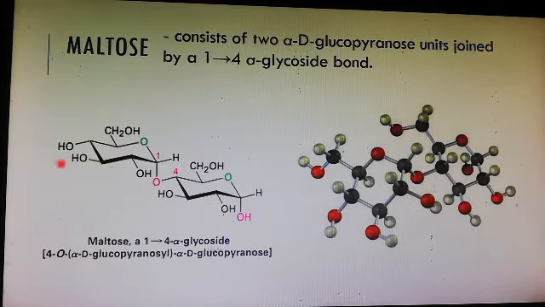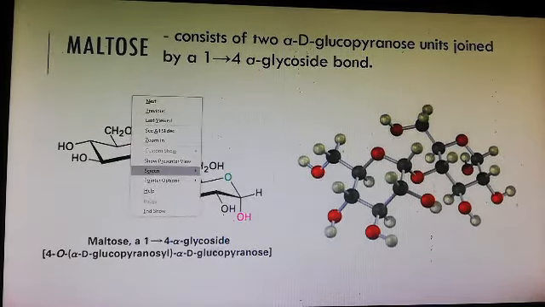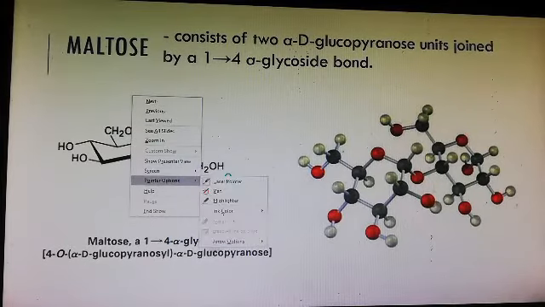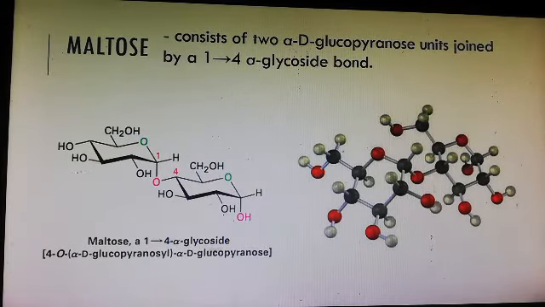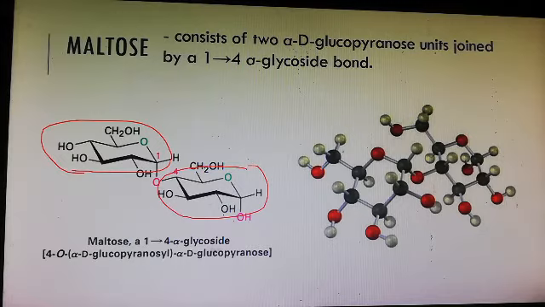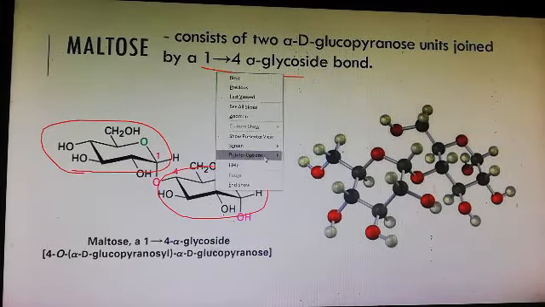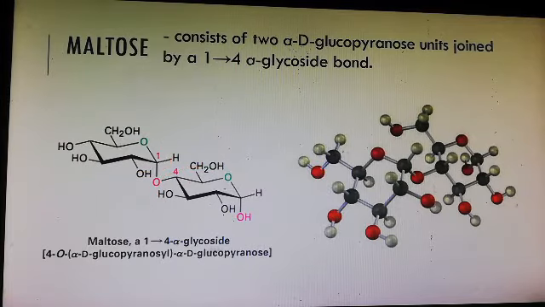Ito yung ating alpha. Ayan. So, ito yung ating alpha-D-glucopyranose. 2 units yan. So, sabi dyan, meron daw tayong 1-4 glycosidic bond. Asan yung 1? So, ito yung carbon.